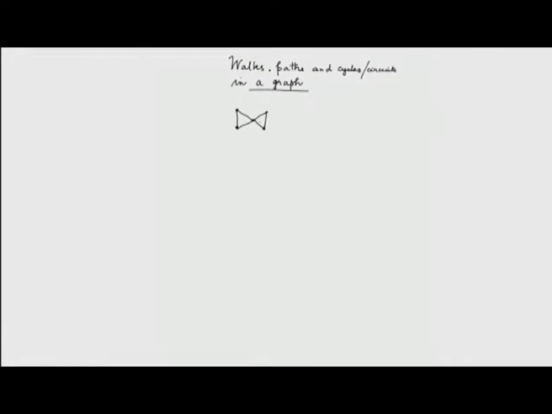Now, suppose we consider a graph like this. Then we may like to traverse on this graph.